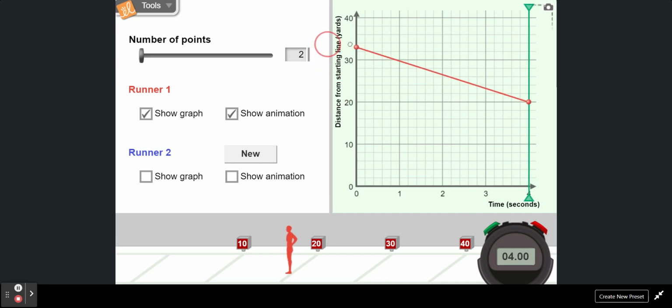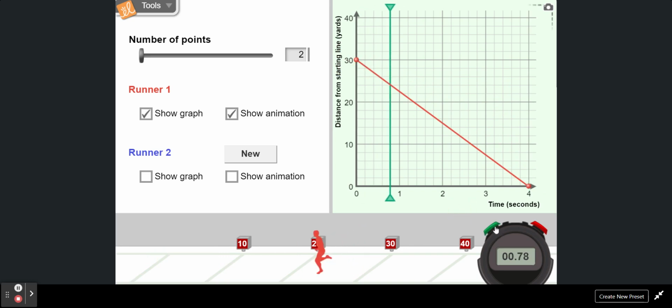And if we go the opposite of our first simulation, let's start at 30. Going from 30 to 0, now I'm going from the top left to the bottom right, which means my person is moving backwards. So they are running backwards.